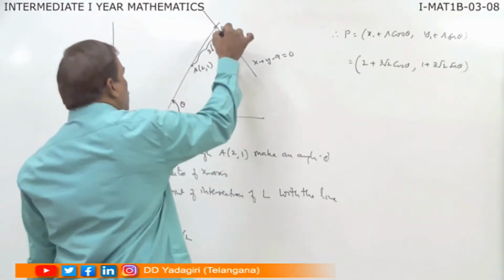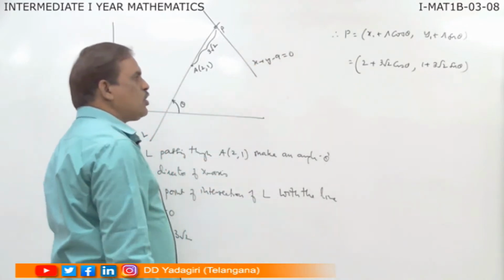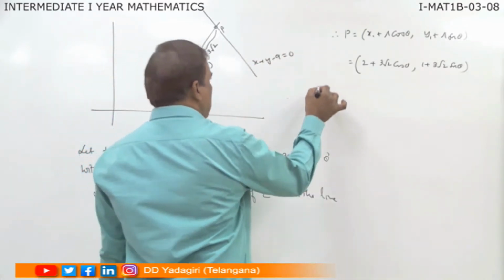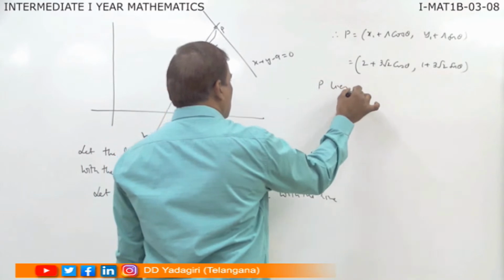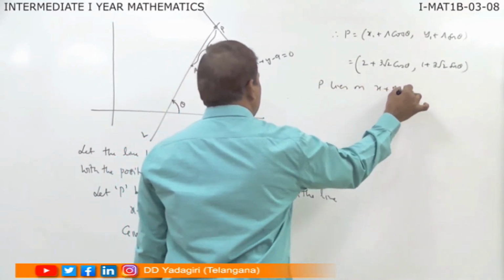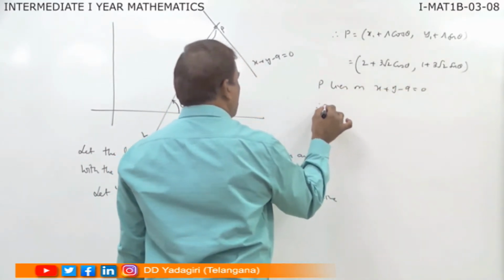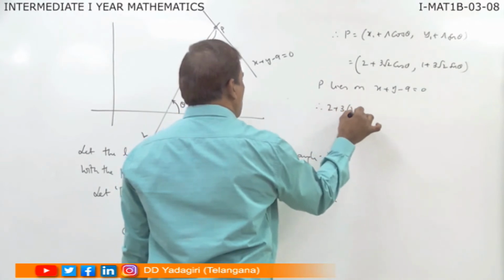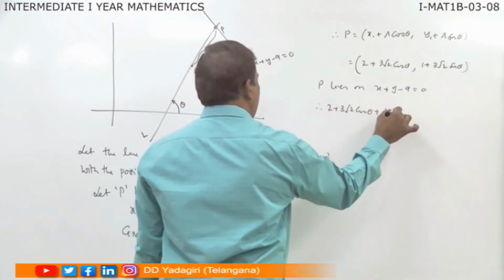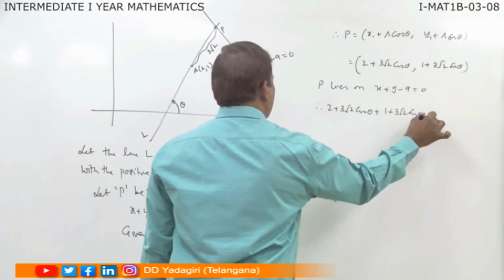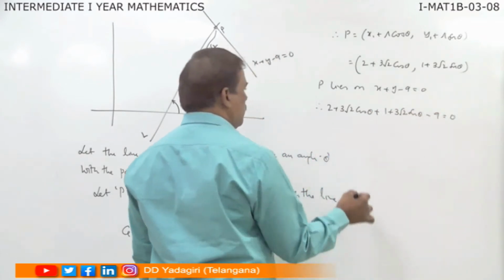ఈ P అనే బిందువు x plus y minus 9 is equal to 0 సరళ రేఖపై ఉంటుంది. P lies on x plus y minus 9 is equal to 0. Therefore, 2 plus 3 root 2 cos theta plus 1 plus 3 root 2 sin theta minus 9 is equal to 0.